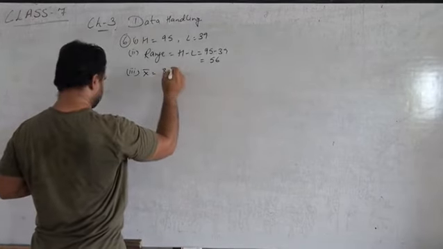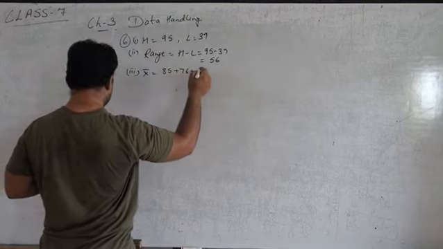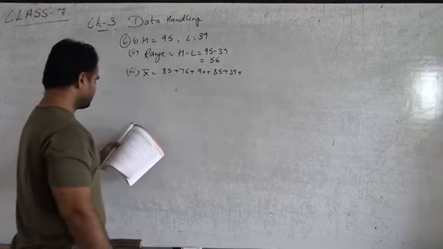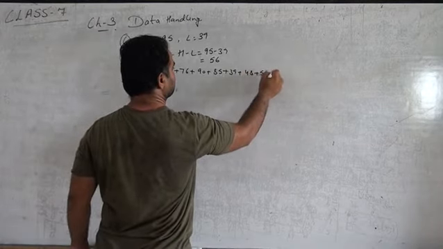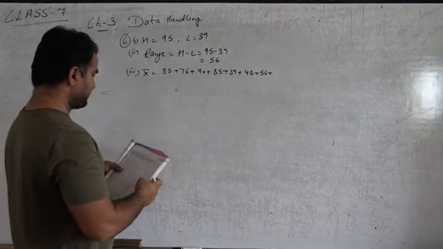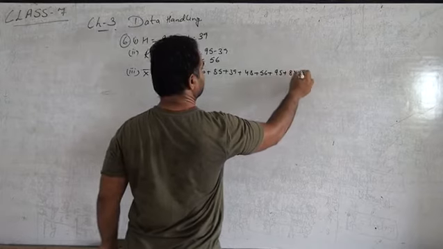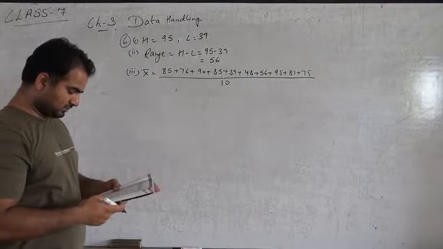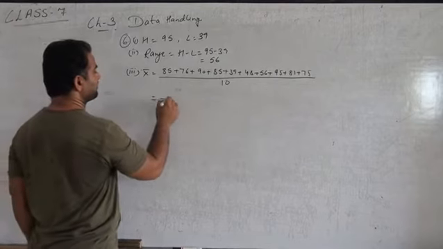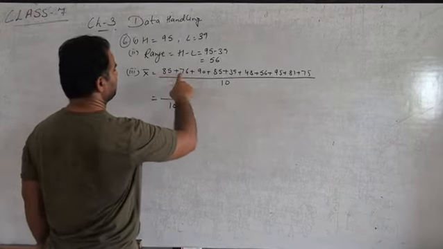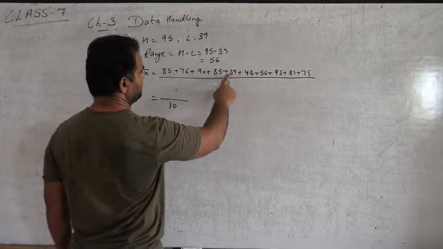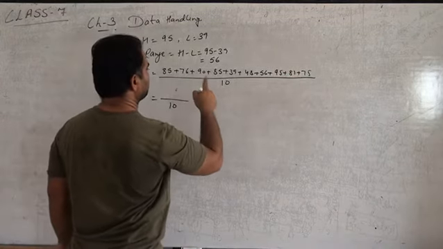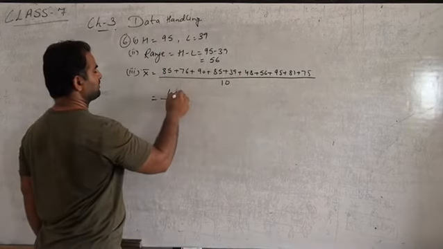So it will be 85 plus 76 plus 90 plus 85 plus 39 plus 48 plus 56 plus 95, 81 and 75, divided by 10 because there are 10 students. So first we have to find the total.